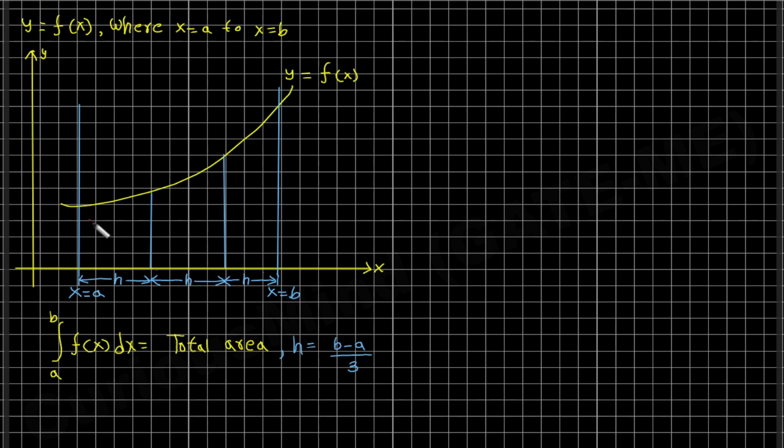In each subinterval, we approximate that the portion of the curve between its endpoints is a simple curve, not the curve of the function f(x). Meaning, we assume that this curve, which is of the actual function f(x), is a simple curve, right?